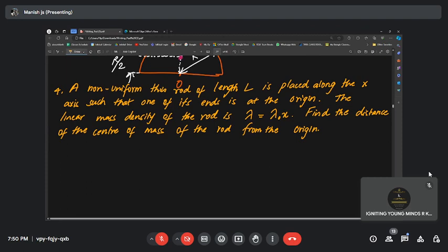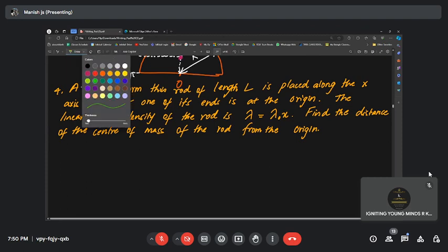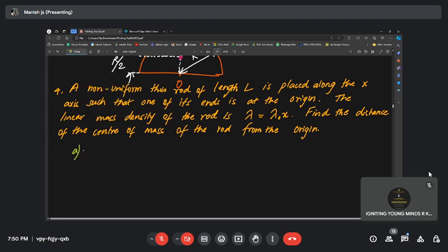So from the origin you should find the distance of the center of mass. So I'm giving you the options now. First option, L by 2. Second option, 2L by 3. Third option, L upon 4. And fourth option is L upon 5. Okay, so these are the options.